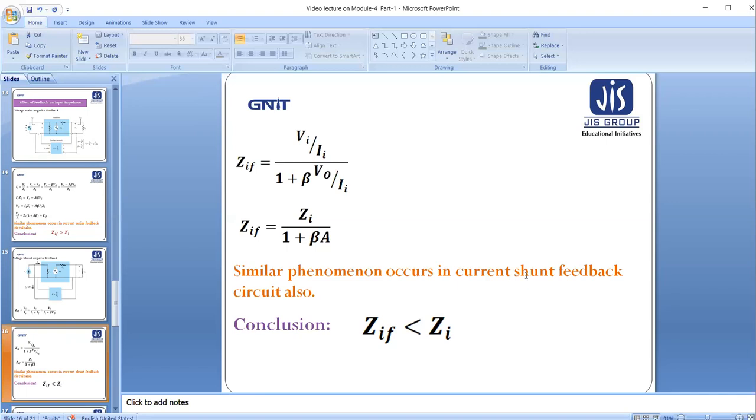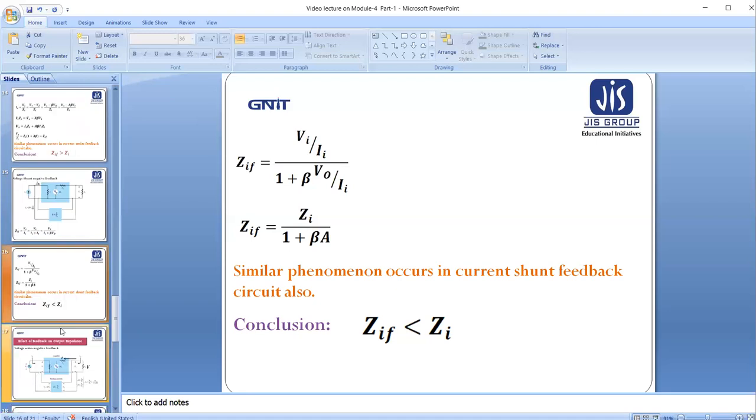Input term means shunt, for both voltage shunt and current shunt. So when shunt is present, whatever the topology, current or voltage, Zif will always be lesser than the main Zi. But in case of series topology, the input impedance will always be increased.